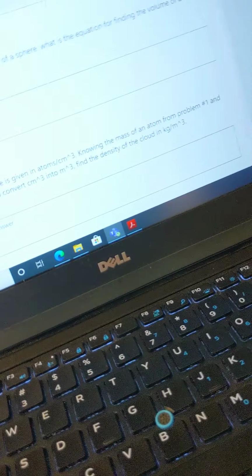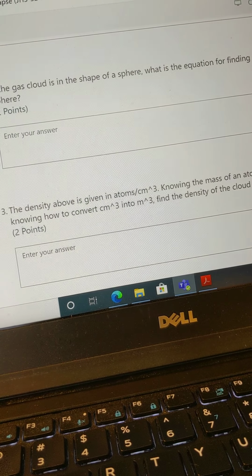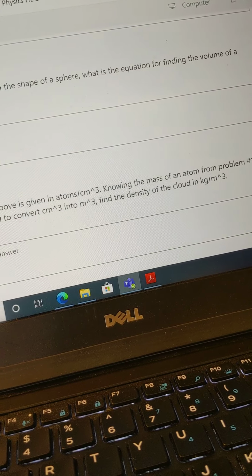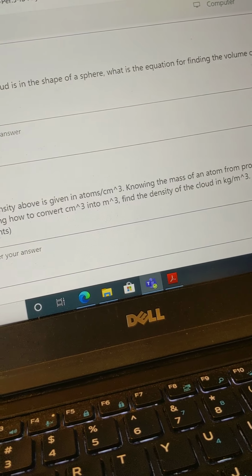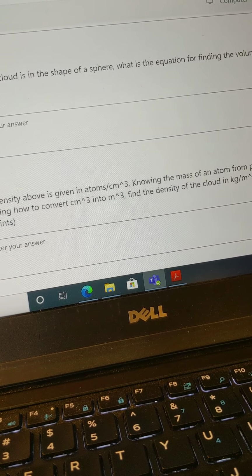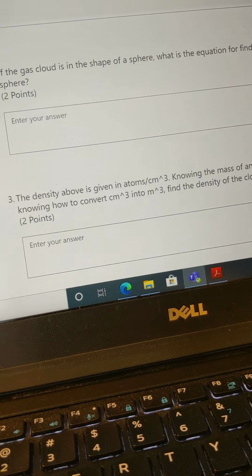Okay, next question here. The density above is given in atoms per centimeter cubed. Knowing the mass of an atom from problem 1, and knowing how to convert centimeters cubed to meters cubed, find the density of the cloud of gas.